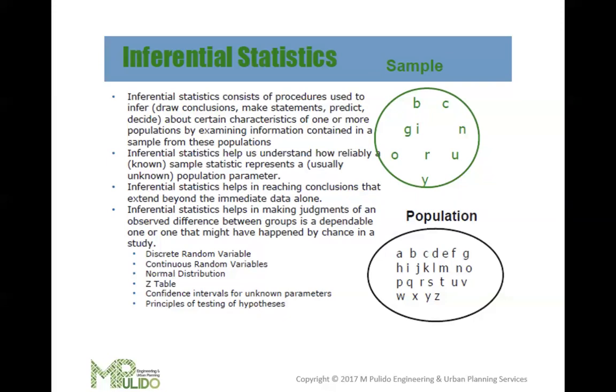So inferential statistics is essential for making generalizations from sample data to a larger population, and by using tools like confidence intervals, hypothesis tests, and understanding distributions, researchers can make informed decisions and predictions about populations. And we go to the next slide.